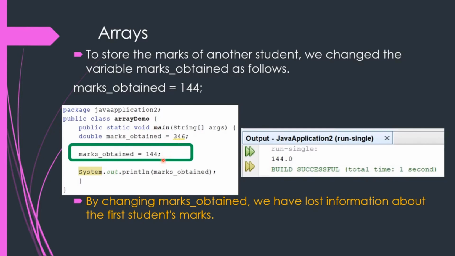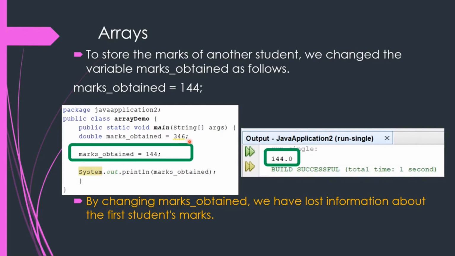Now, what will be its output? Here we can see in the output window that the output is 144.0. But you might be wondering why the output does not contain the value 346.0, because 346 is also written here. We have not deleted it.